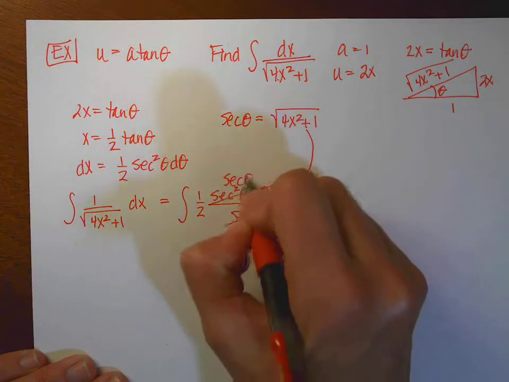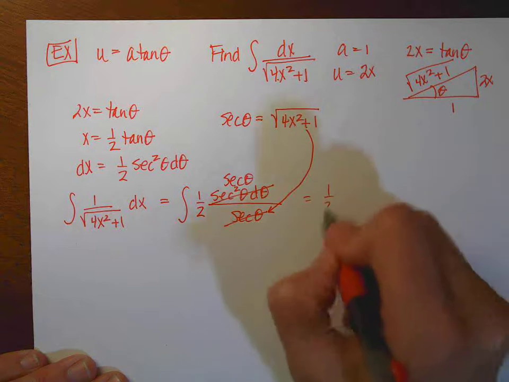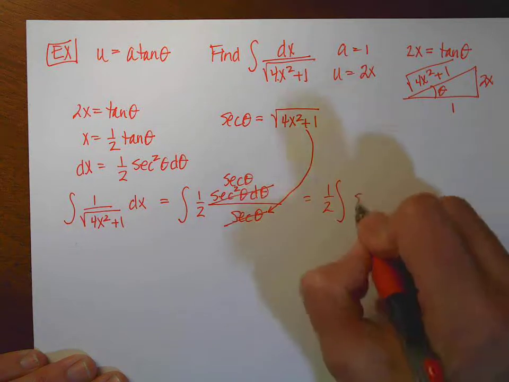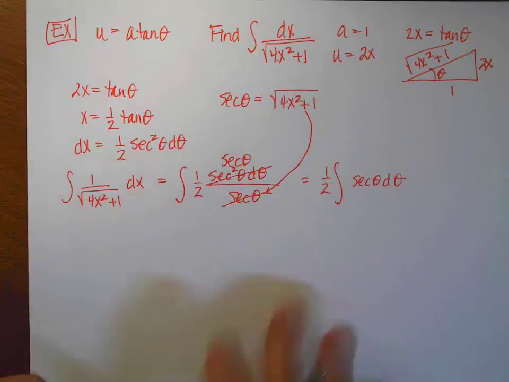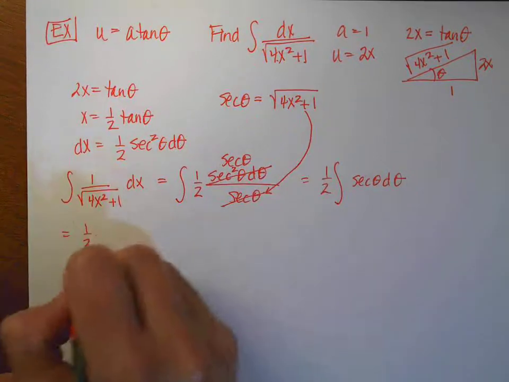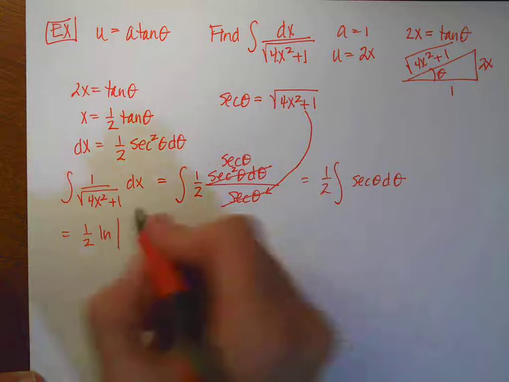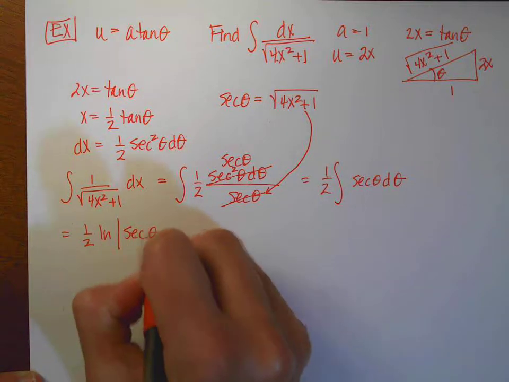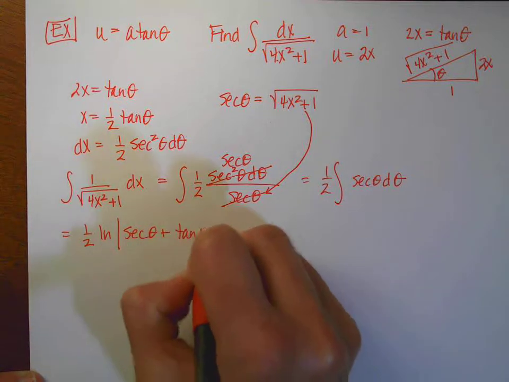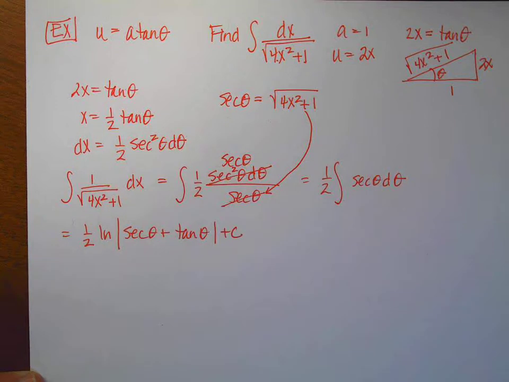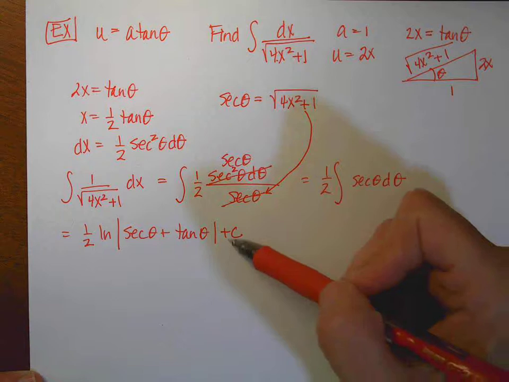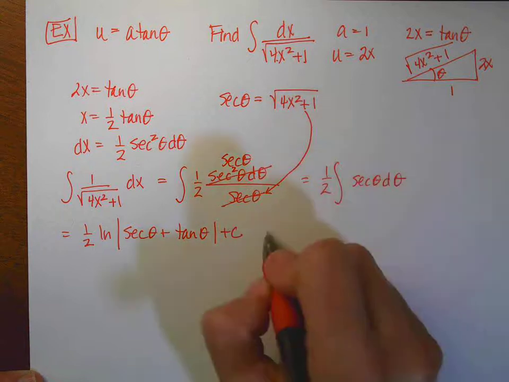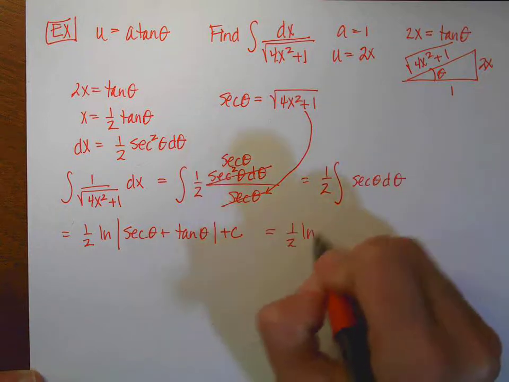And then one of those goes away, and it leaves a secant of theta on the top. The half can be pulled out front, so now I have the secant of theta d theta. Well, that's pretty easy. So this is 1/2 the natural log absolute value secant theta plus the tangent of theta plus c. But remember, the problem started in x's, so I need to substitute my x's back in.